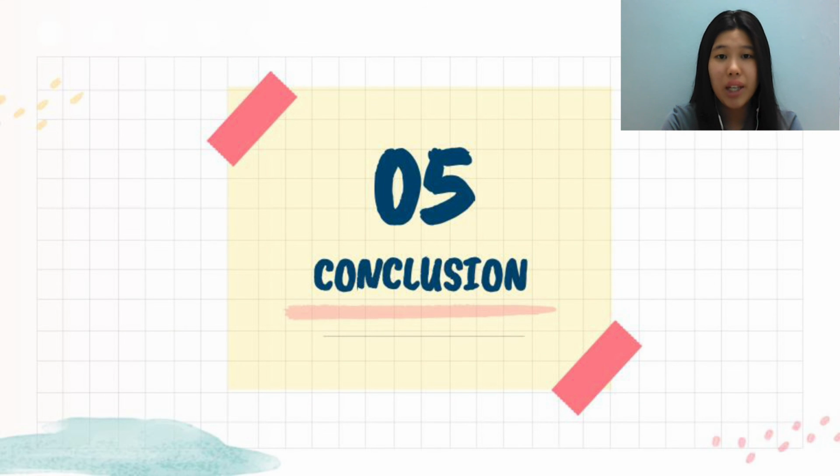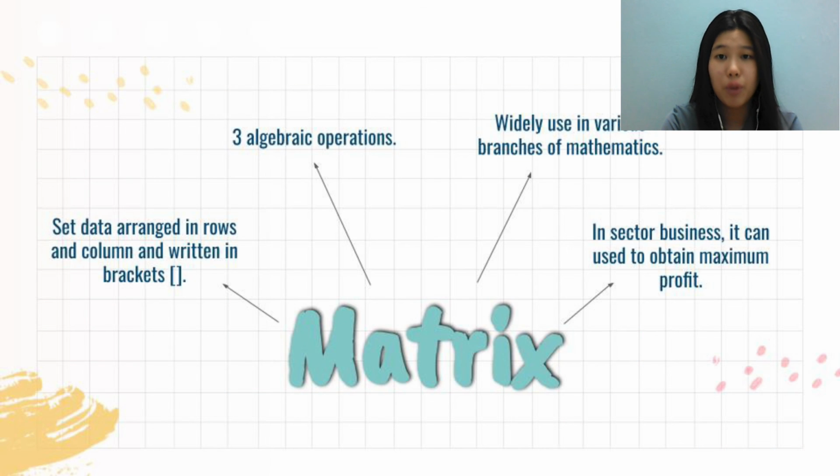I'm here to give a summary of our work. For your information, a matrix is a set of data arranged in rows and columns so as to form a rectangular array written inside brackets.